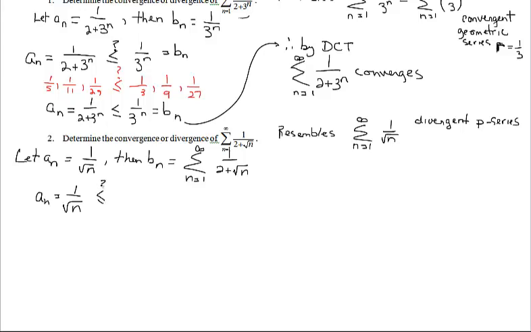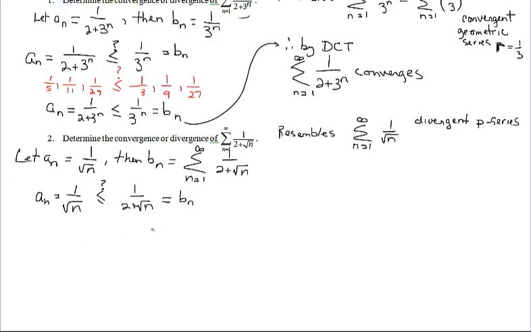So I'm going to put a question mark here. I want this series to be less than this series right here. And we're going to have to do some term-by-term comparison. So let's see what happens.